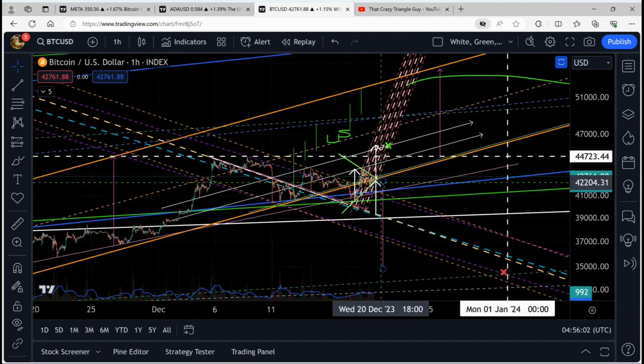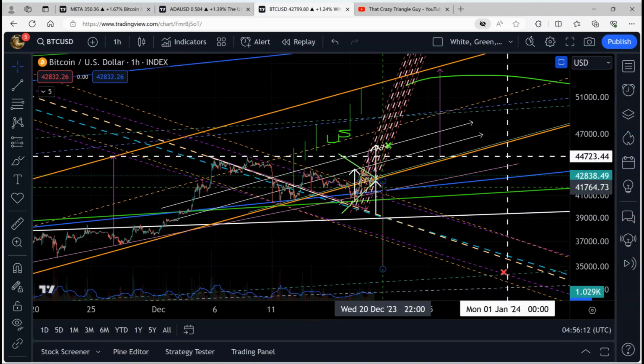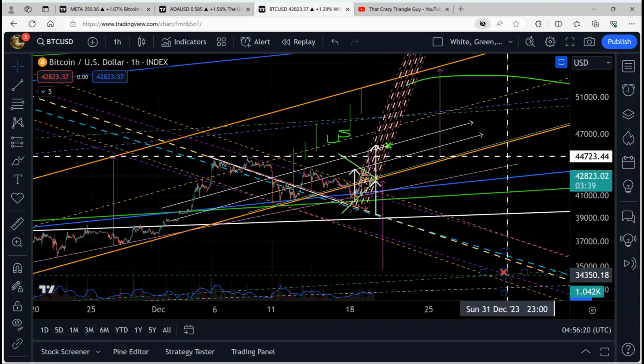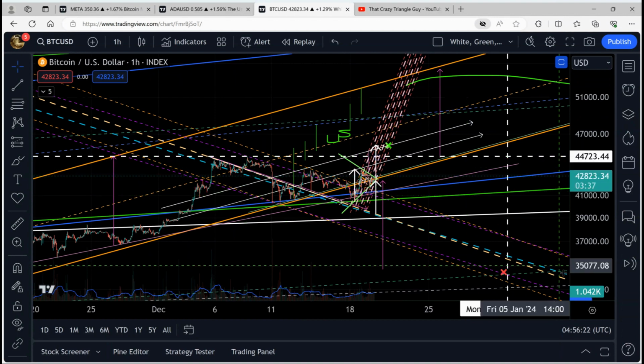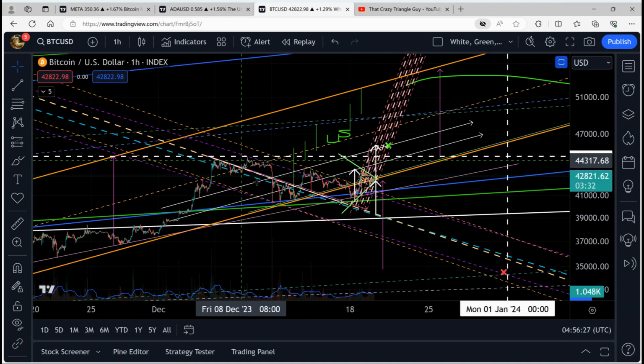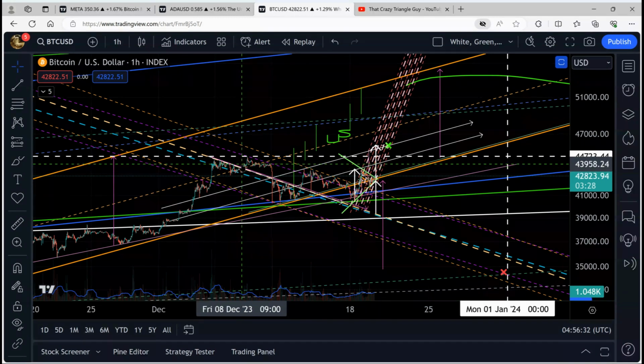And if we did break down from the area we're currently in, forming this green symmetrical triangle, if we did break down beyond closing this gap here, that would give us a target of about 34,600, by the end of the year, which would fall in line with if we just stayed traveling down in this channel that we started forming from our local high.